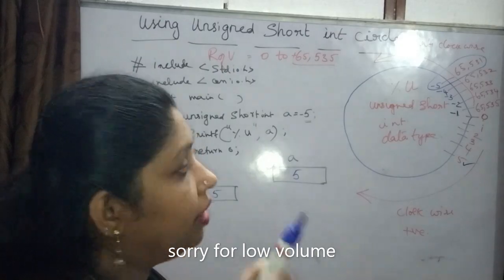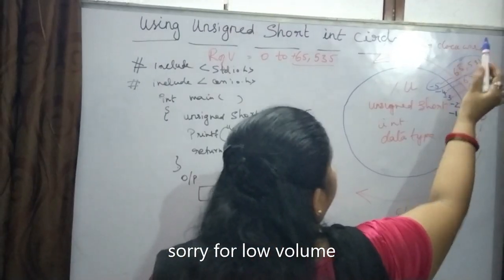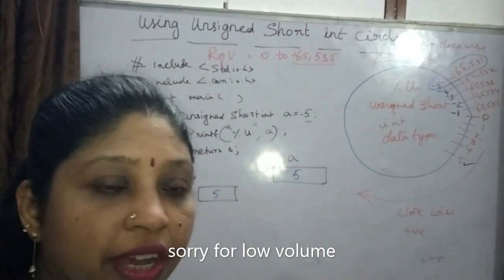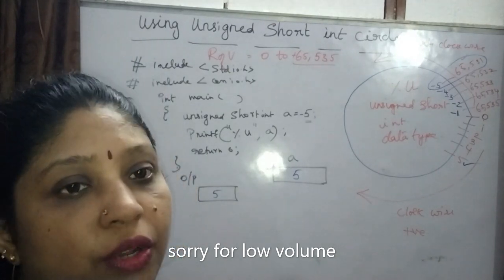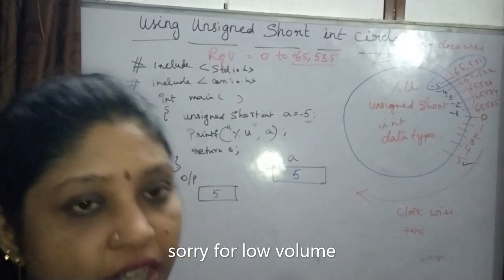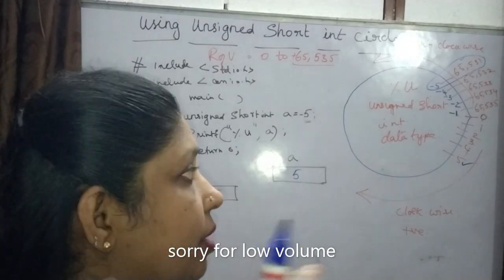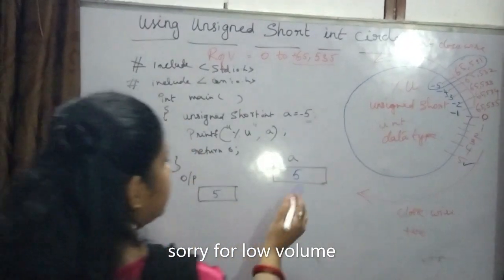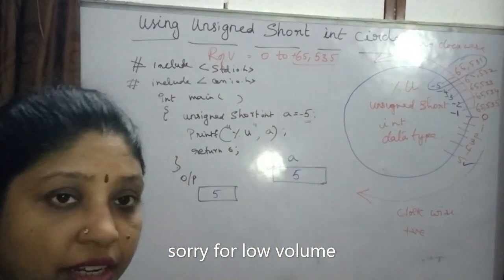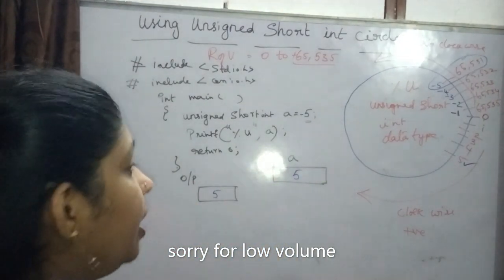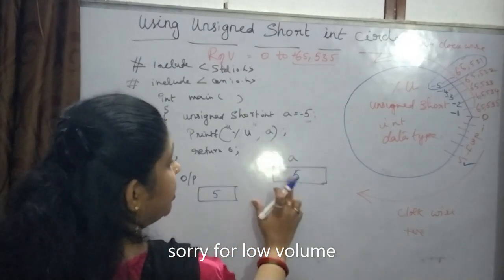When it finds that number, it thinks that they are asking for this value because minus 5 is there in that place. So the moment it sees that, it prints it. Which number is it going to write? It's not going to write minus 5 here.